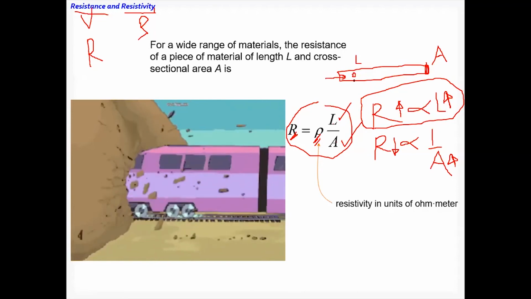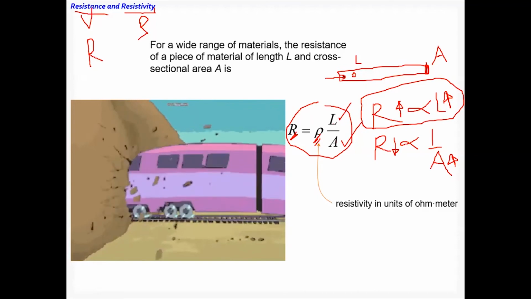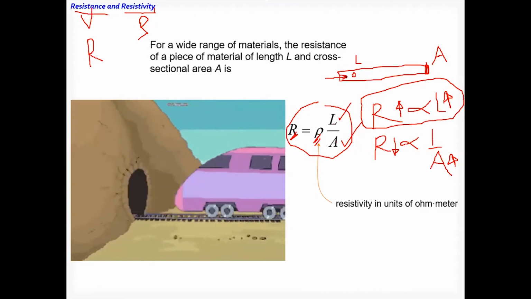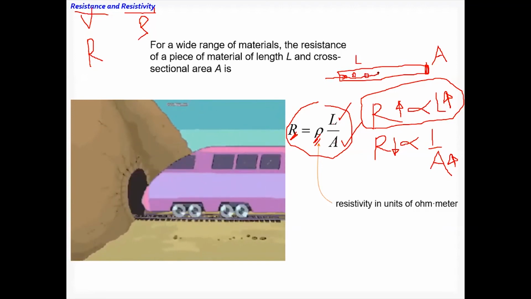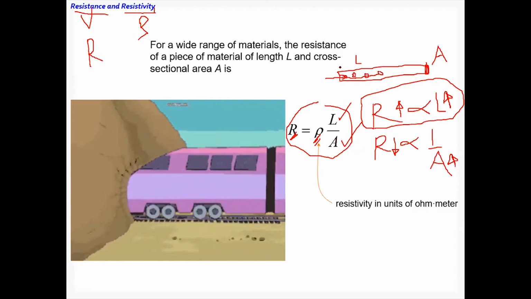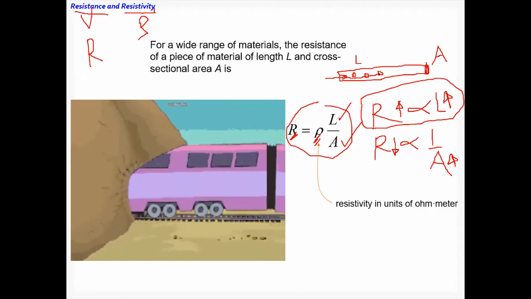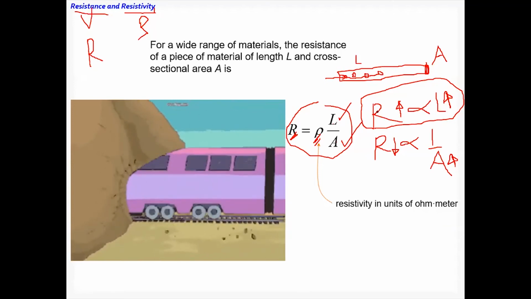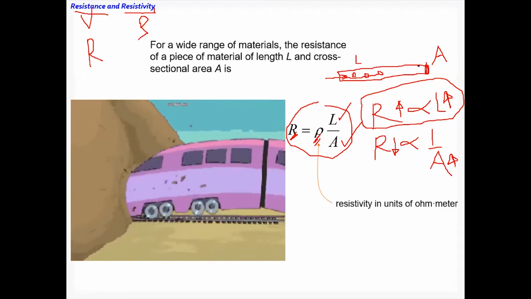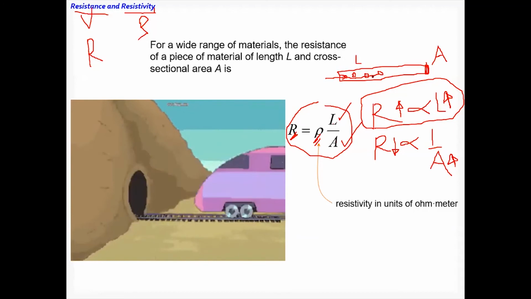This electron collides with this atom, then it passes through, then it collides with another atom, then moves somehow and collides with another atom. As the length of this wire increases, this collision happens again and again. Does it make sense? That's why resistance increases. Meaning, if the length increases, then collision of electrons with the atoms increases. That's why resistance increases.